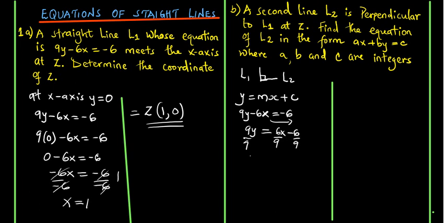So we have y equals 6/9, which is 2/3 x minus 2/3. The value of m here is what we call the gradient. So the gradient of line 1 is 2/3.